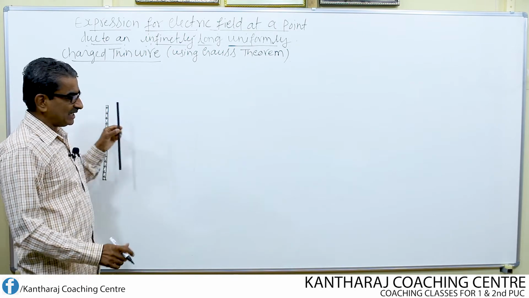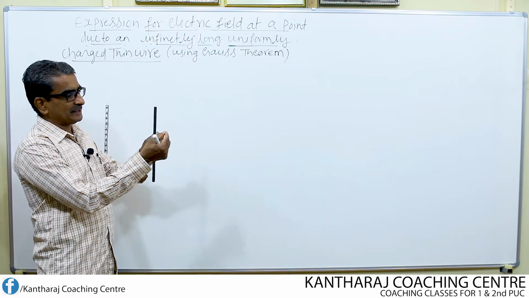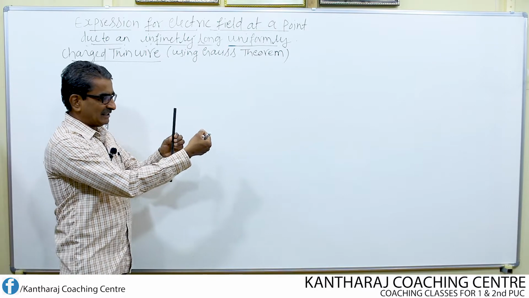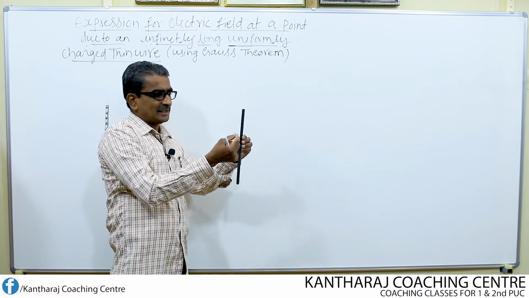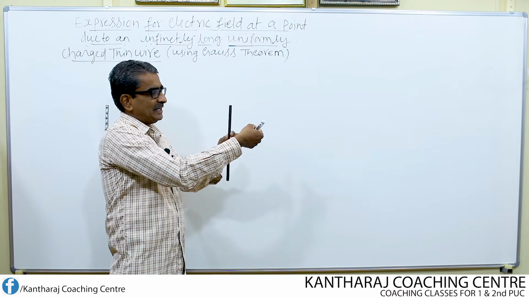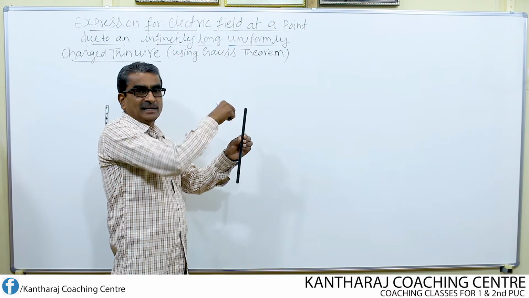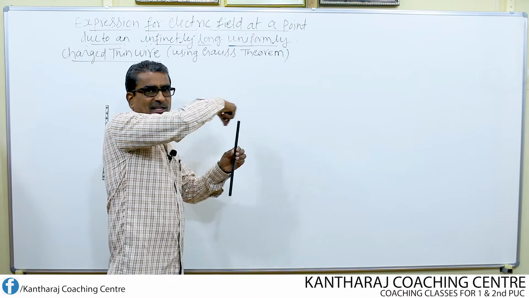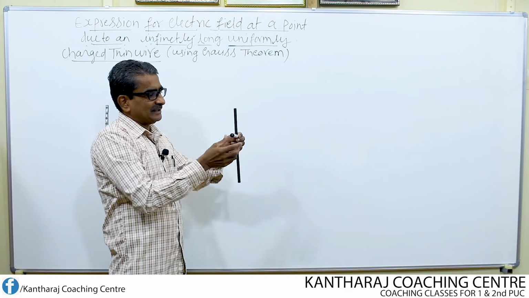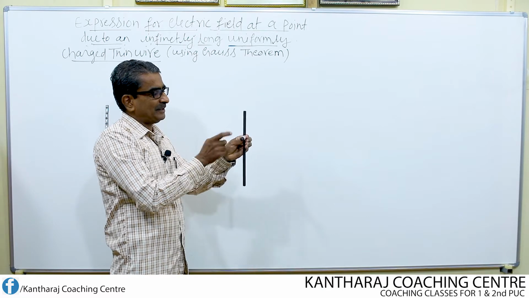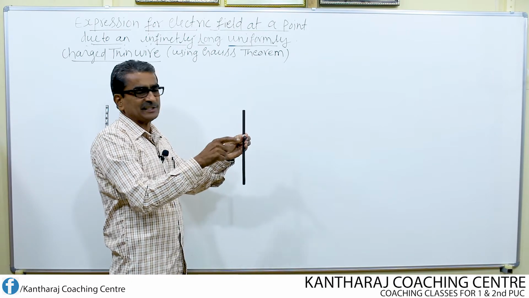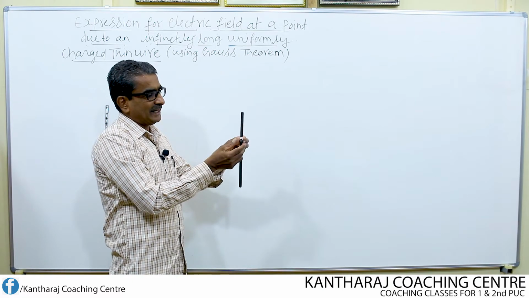Suppose I consider the electric field at this point, at this point, at this point, all around this wire, at the same distance. The electric field will be like this. Say for example, from here to here, the distance is the same.